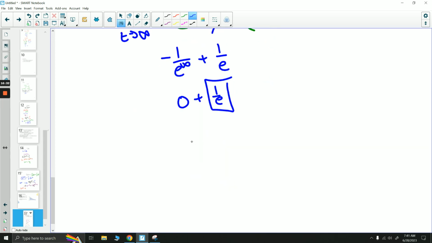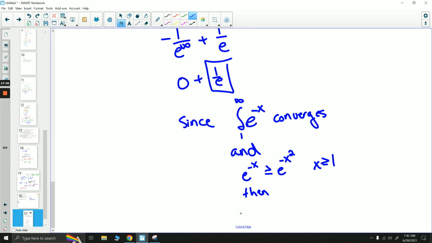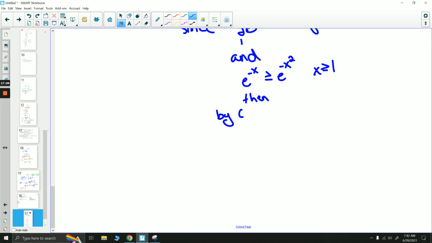So what we say then is that since our integral of e to the negative x from 1 to infinity converges, and e to the negative x is greater than or equal to e to the negative x squared on the interval when x is greater than or equal to 1, then by the comparison test, e to the negative x squared also converges.